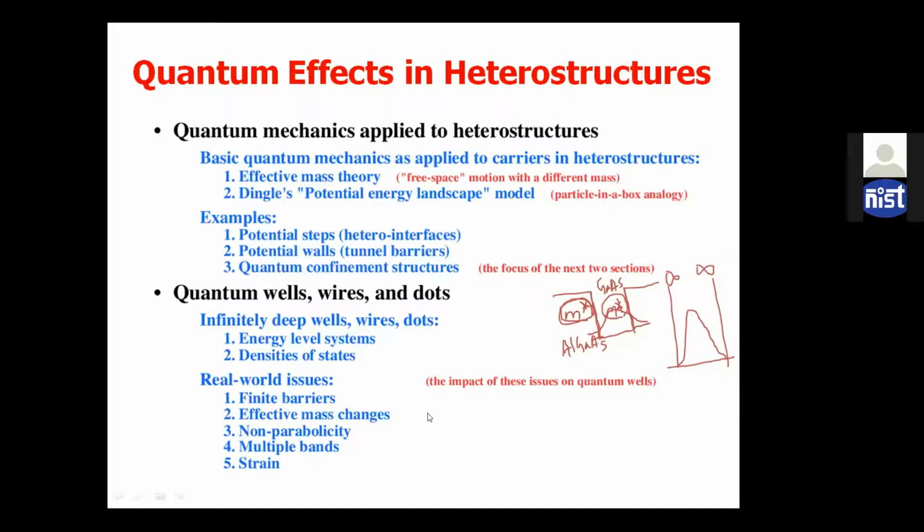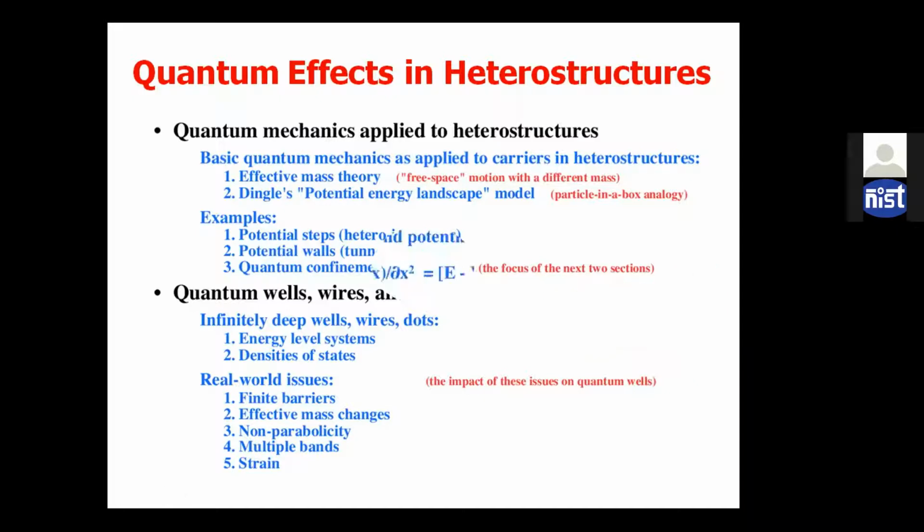Then the effective mass changes in the well and barrier, then the non-parabolicity, multiple bands, and strain. These are the real world issues which we have already covered regarding strain and the effective mass. So let's go for the calculation of the density of states, which is an important parameter to know the transport as well as optical property.